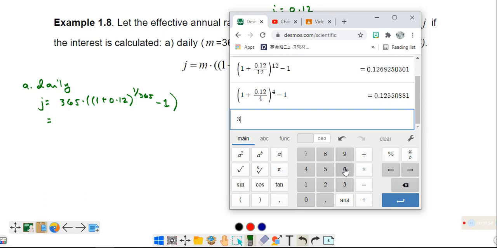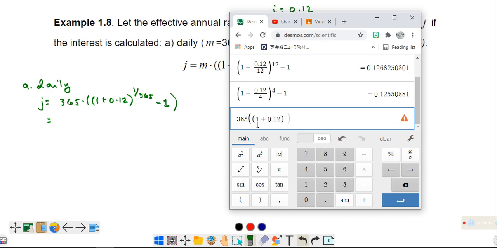So we have 365. I-multiply natin siya with the quantity of, double quantity siya, 1 plus 0.12. Close natin yung parenthesis, and then erase natin ito to the fraction. Yan, lagay tayo ng fraction.